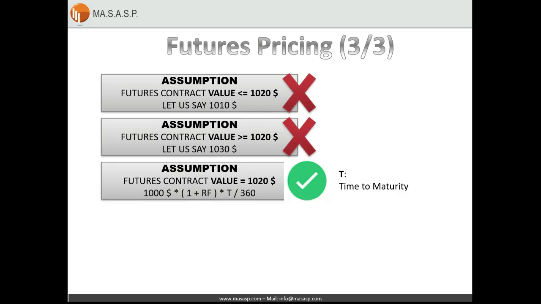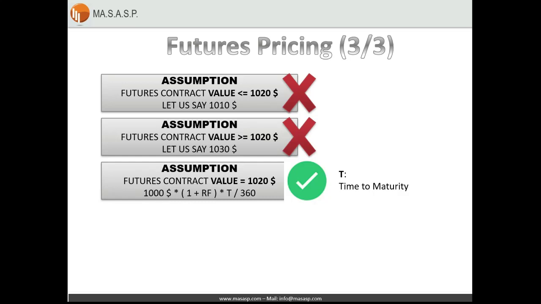Let me remark two things in this regard. This multiplication factor is proportional to the risk-free rate. Then, the higher the rate, the bigger the delta in price between the derivative and the underlying.